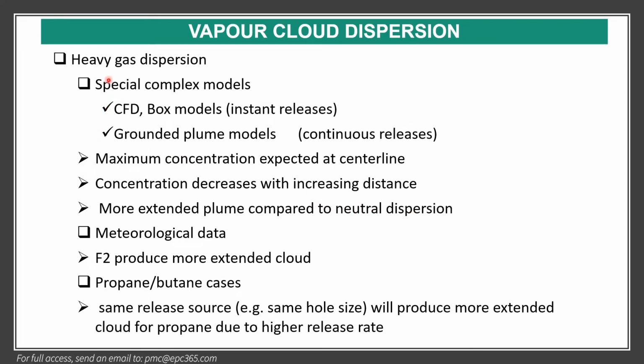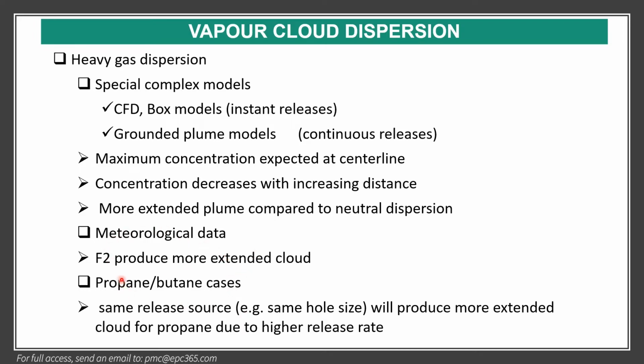And heavy gas dispersion. For heavy gas, we should do CFD modeling. For the ground plume model with continuous release, maximum concentration is expected at the source, and concentration decreases with increasing distance, with a more extended plume compared to neutral dispersion.